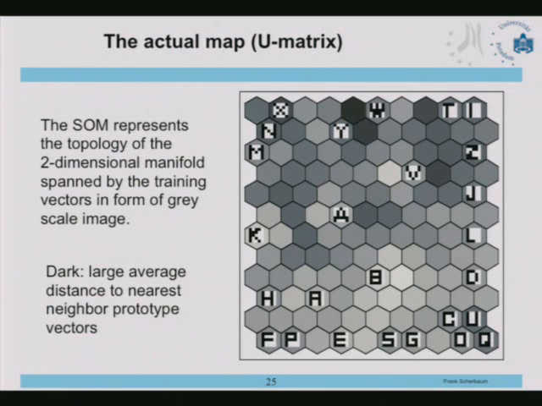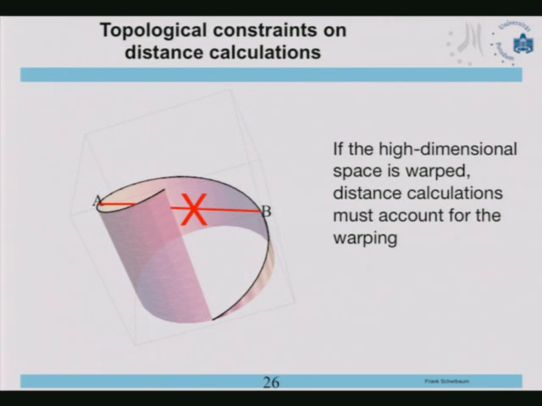But we can calculate now the distances between two vectors. And this shows actually the morphology which we have to take into account when doing this. So when we now calculate distances between two model vectors, between the A and the B, we have to take into account the shape of this surface on which the model representation vectors actually live.